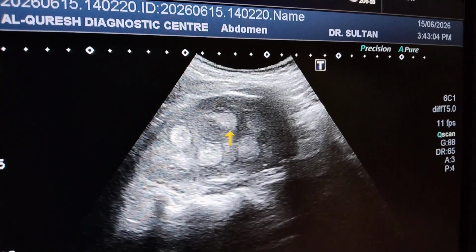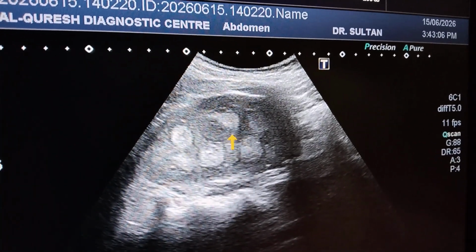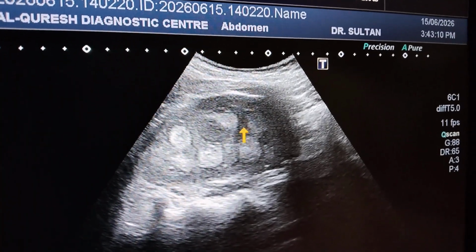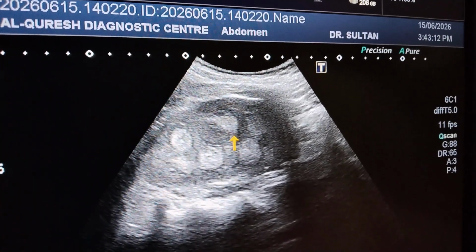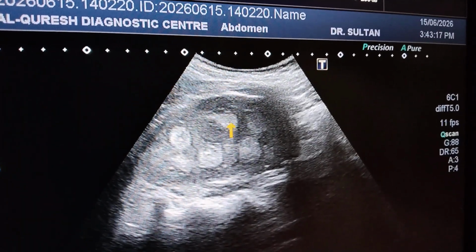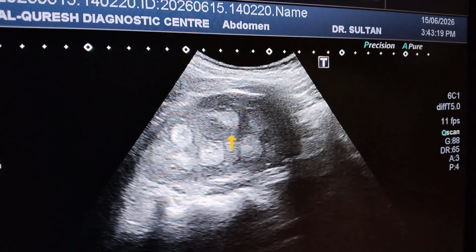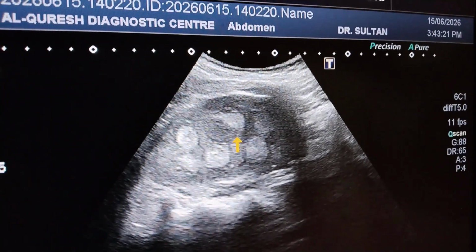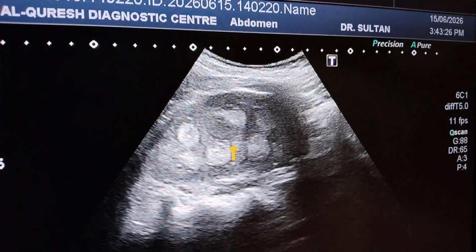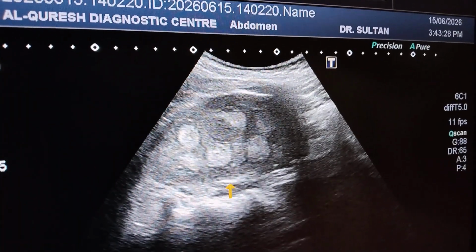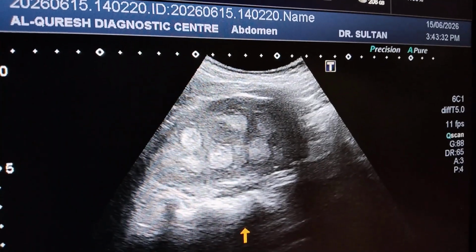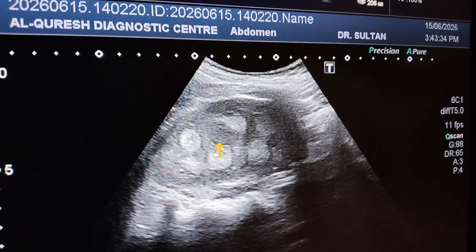The minor calyces surround the pyramid, and at this conical apex there is an opening through which the urine flows into the minor calyces, and from the minor calyces to the major calyces, into the renal pelvis, and from there the urine flows out through the ureter into the urinary bladder. So this is normal.